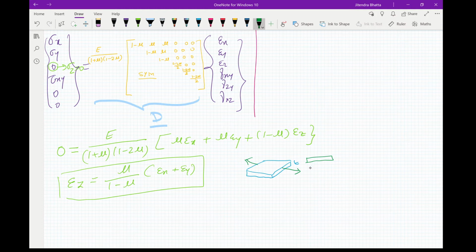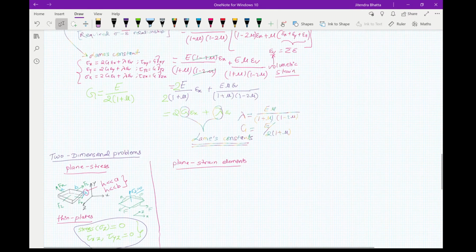However, if you look at the cross section, it may decrease. If this is our original thickness and this is the final thickness, our final thickness will be smaller than our initial thickness. Therefore, it will cause strains in the y direction.